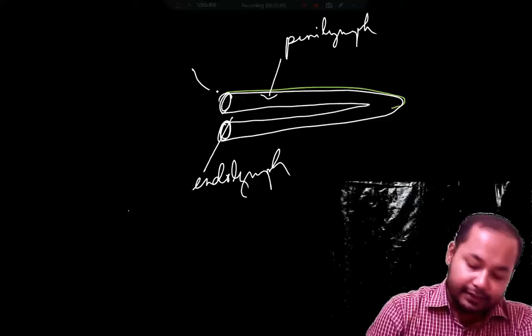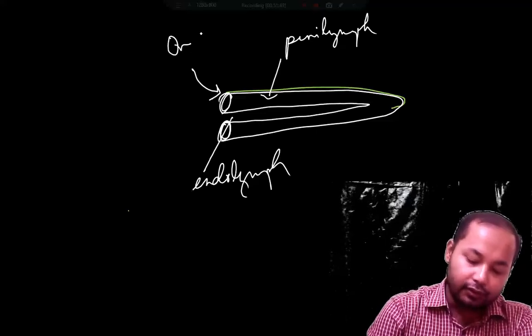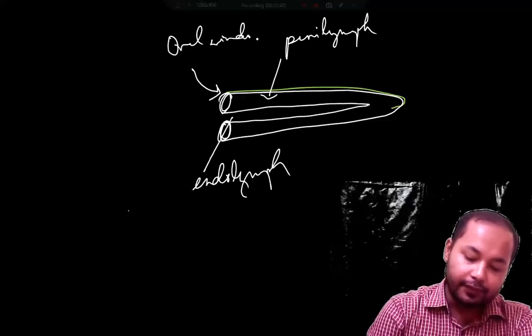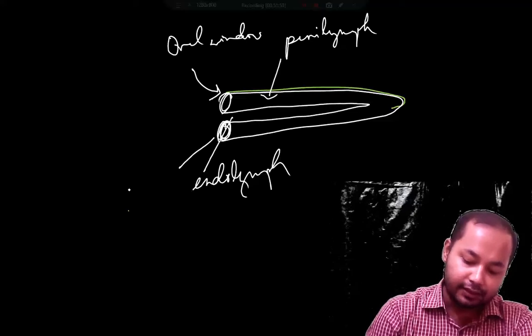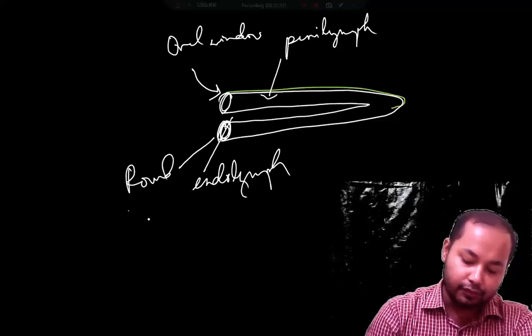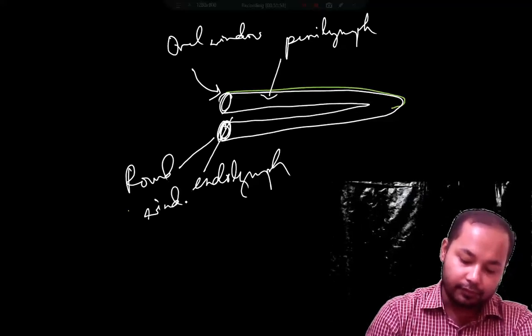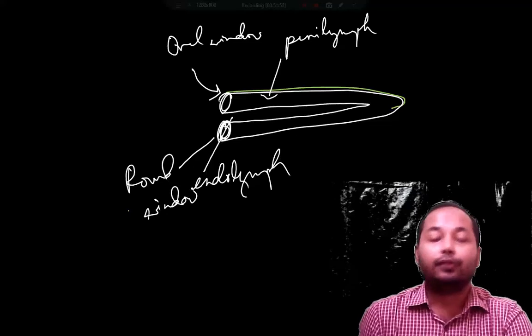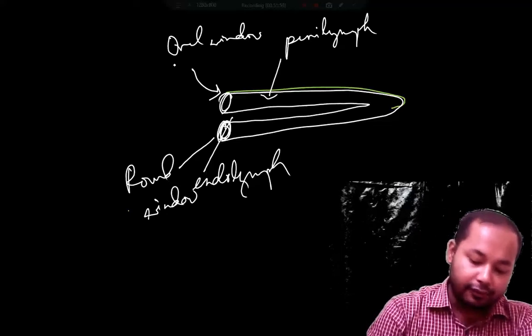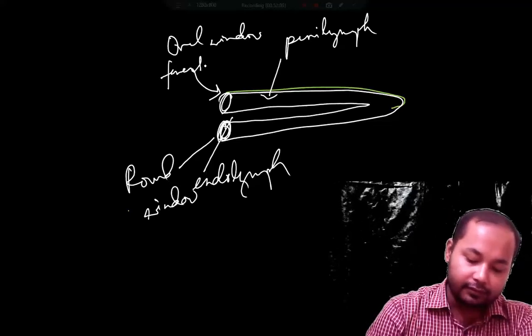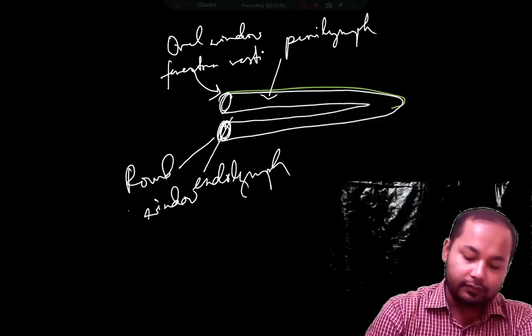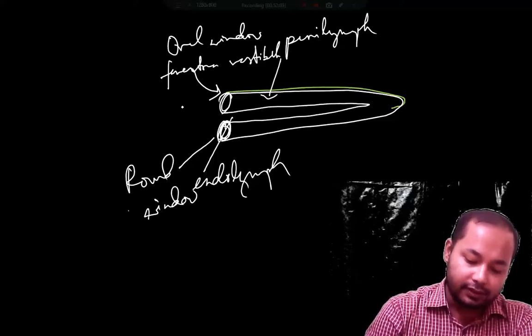This is nothing but the oval window, and this is nothing but the round window. What is there in the oval window or fenestra vestibuli? What is attached here?